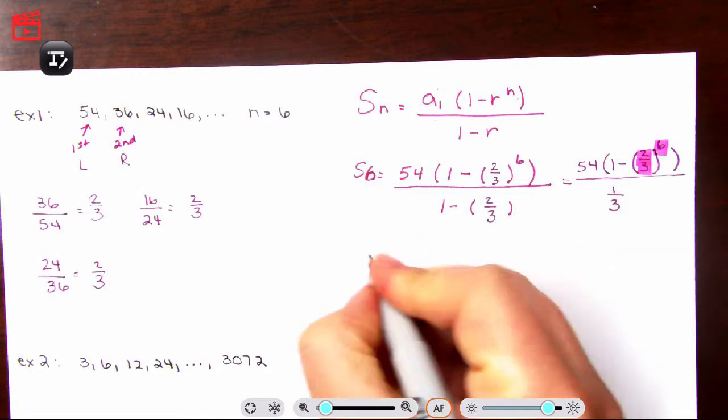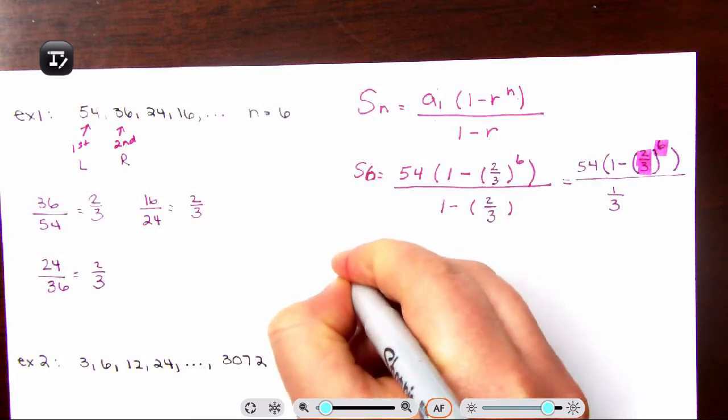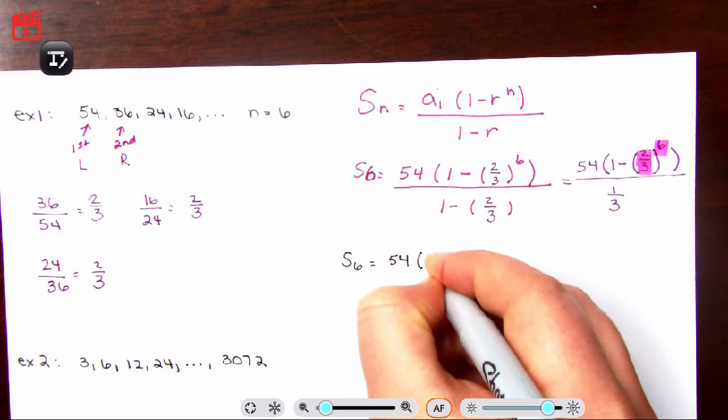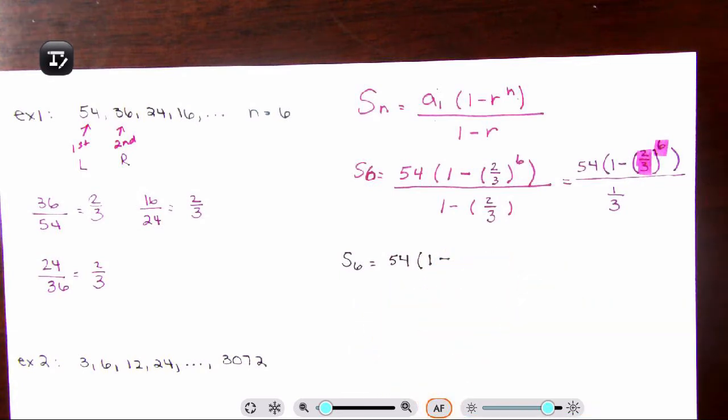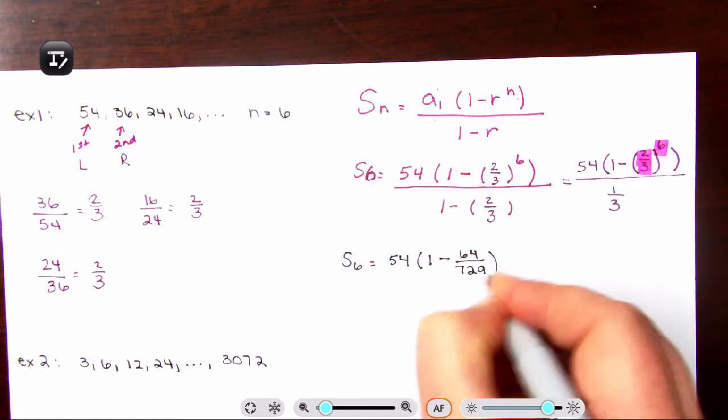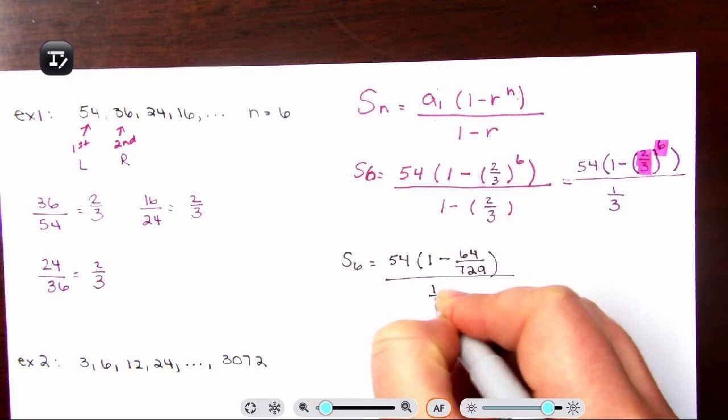So you're going to have S sub 6 is equal to 54 times 1 minus 2/3. Make sure 2/3 is in parentheses before you raise it to the 6th power. So I have 64 over 729. Yes, that's going to be looking weird. Don't worry about it.